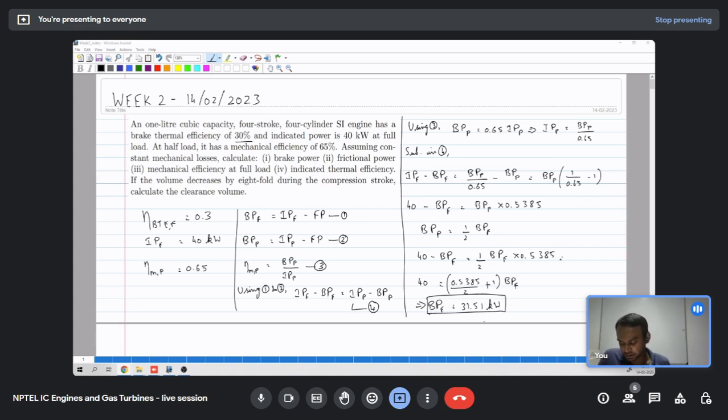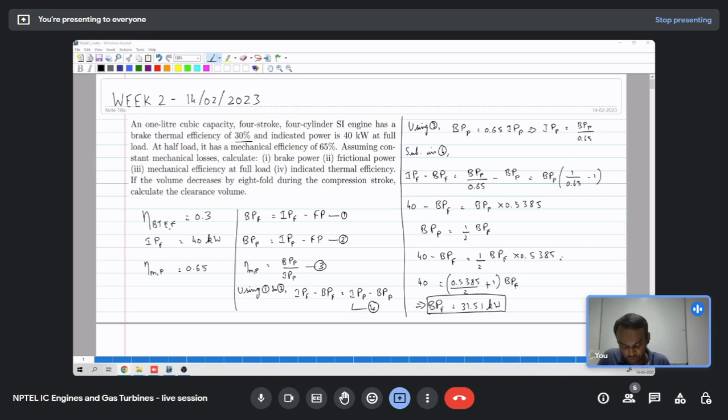So we started with writing the equation for brake power for full load. Brake power for full load is given by equation 1, which is indicated power at full load minus friction power. Since the mechanical losses can be assumed constant, we need not write friction power at full load and part load differently, both are same.